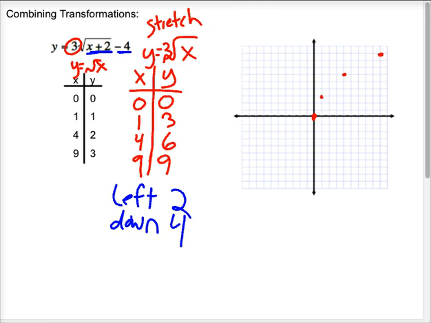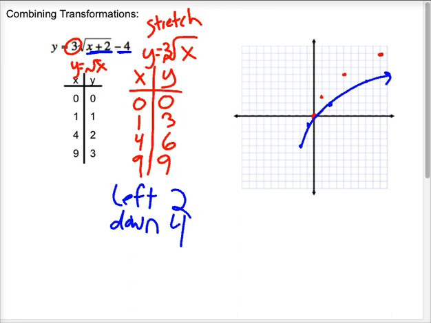Starting with that 0, 0 point, left 2, down 4 will land me right there. For that 1, 3 point, left 2, down 4, left 2, down 4, left 2, down 4, and there we have the graph of our function.